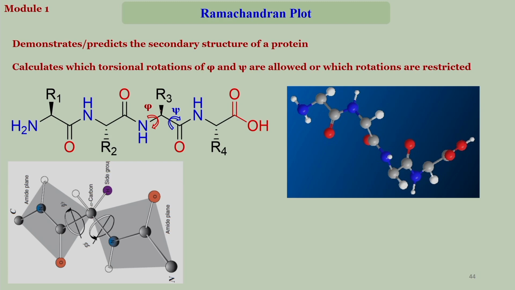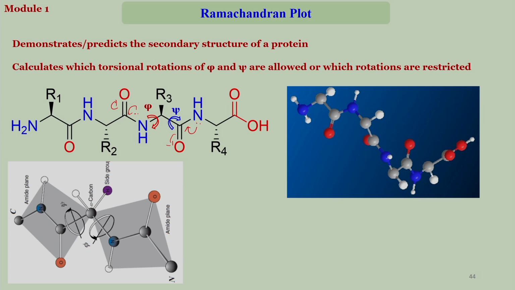If I take this as a measure, then this is a single bond, this is a double bond, and this again has some double bond character. Apart from those two, this bond is a single bond which is termed phi and the other one is termed psi. So it is NHR and it is R, this one is RCO. These two angles are the two dihedral angles.